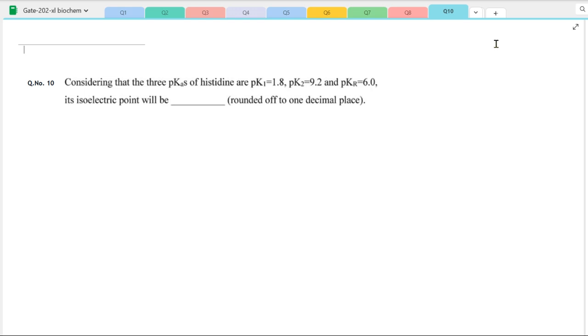Considering the 3 pKa's of histidine, pK1 equal to 1.8, pK2 equal to 9.2, and pKr equal to 6, its isoelectric point will be?